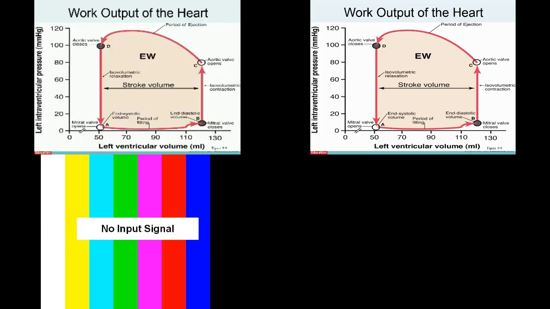So you can see if your end systolic volume is higher, but the end diastolic volume hasn't changed, right? You had a weaker contraction and less blood was ejected. So your stroke volume is going to be less and your ejection fraction is going to be less.